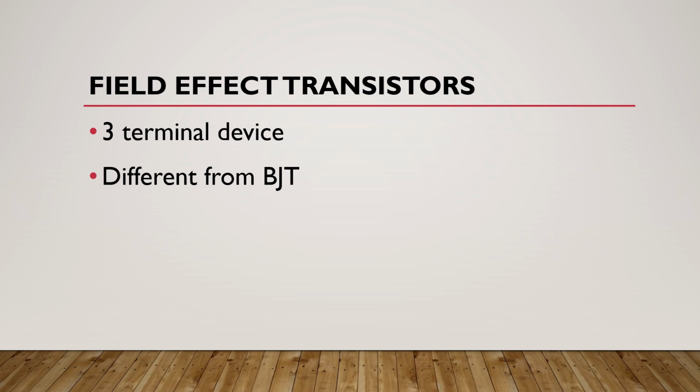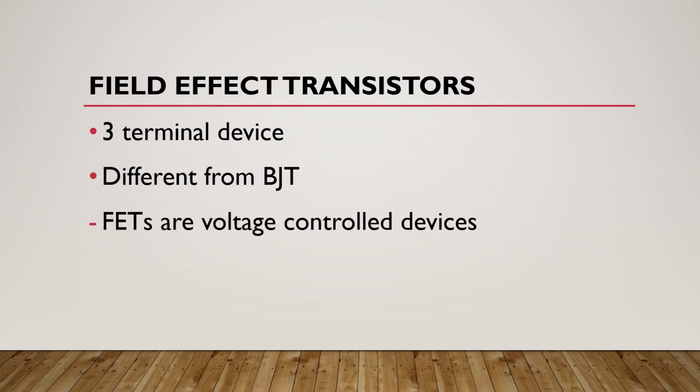The primary difference between these two types of transistors is the fact that bipolar junction transistors are current controlled devices, whereas field effect transistors are voltage controlled devices.